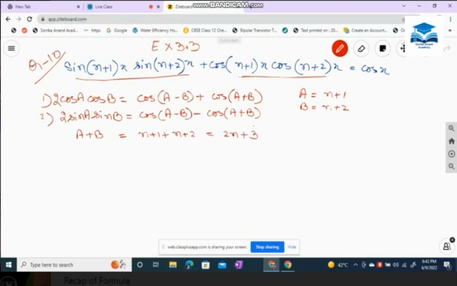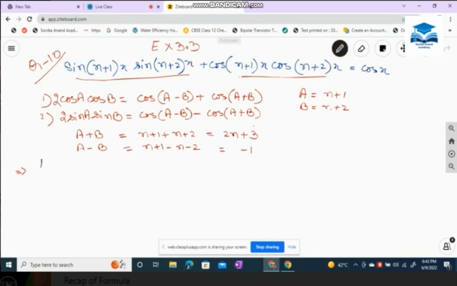Okay? Now if we find the value of A minus B, it is n plus 1 minus n minus 2. So it becomes minus 1 only. Clear? Now we substitute the different values. Now see the question.